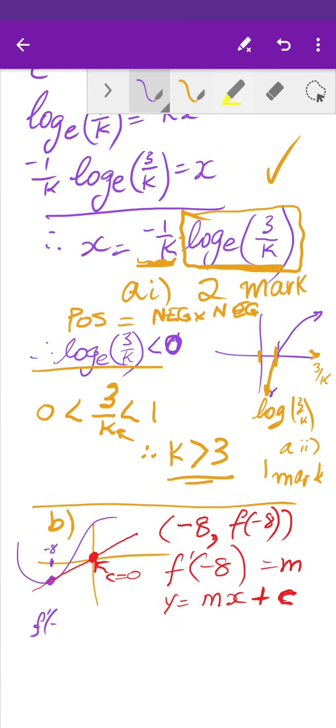The derivative at negative 8 is negative k e to the negative k times x, which is negative 8, plus 3. That, by the way, is negative k e to the 8k plus 3.